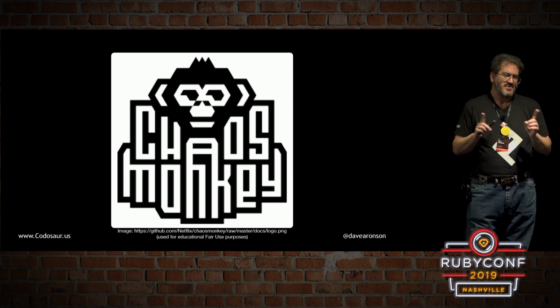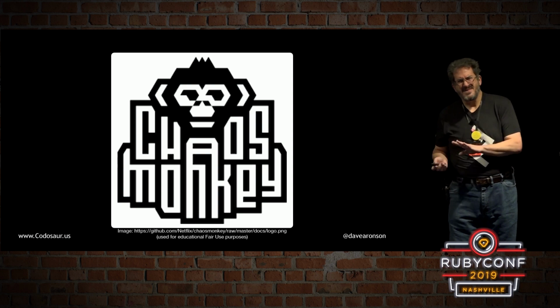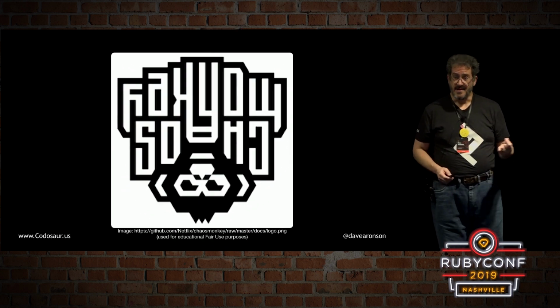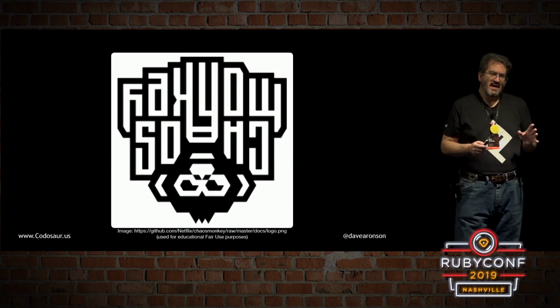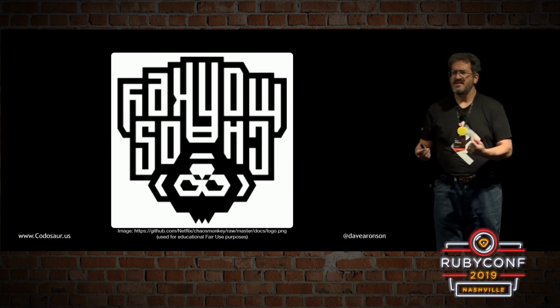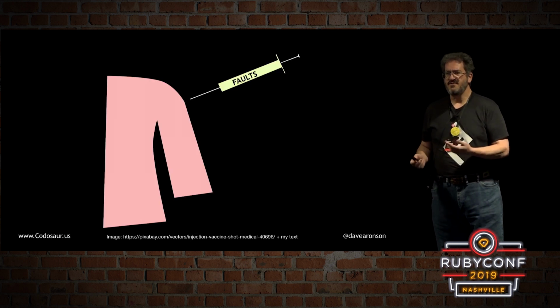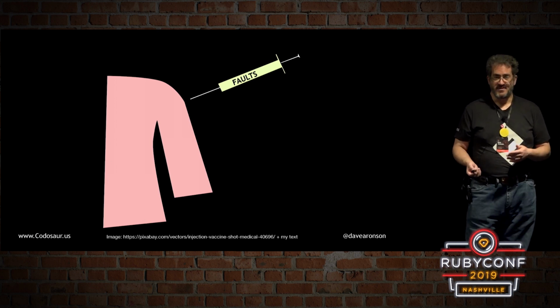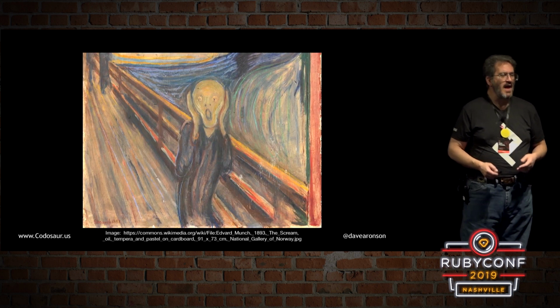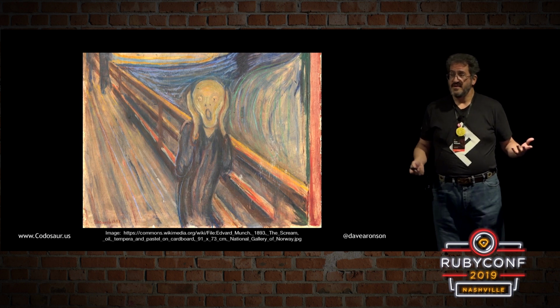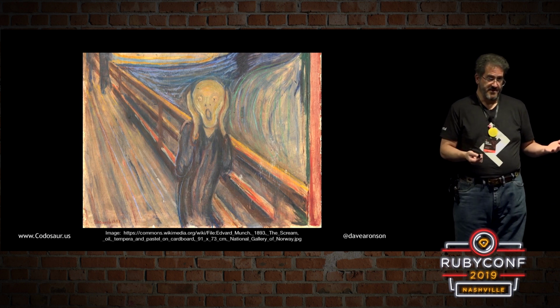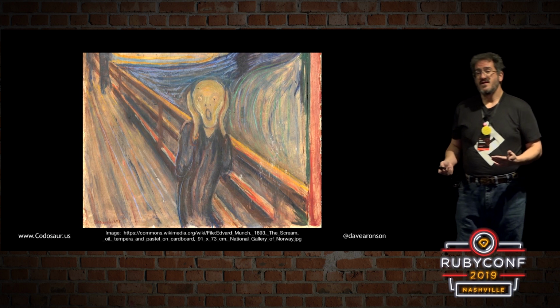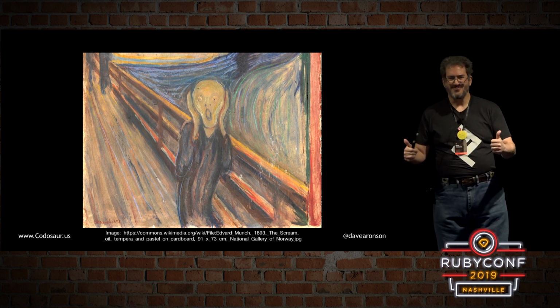But the way mutation testing works is sort of upside down from how Chaos Monkey works. Chaos Monkey does a lot of things, but it's best known for injecting faults, such as dropped connections, into Netflix's production network. And if all goes well, in the sense that Netflix's customers don't notice, then they know that their error recovery is working well.